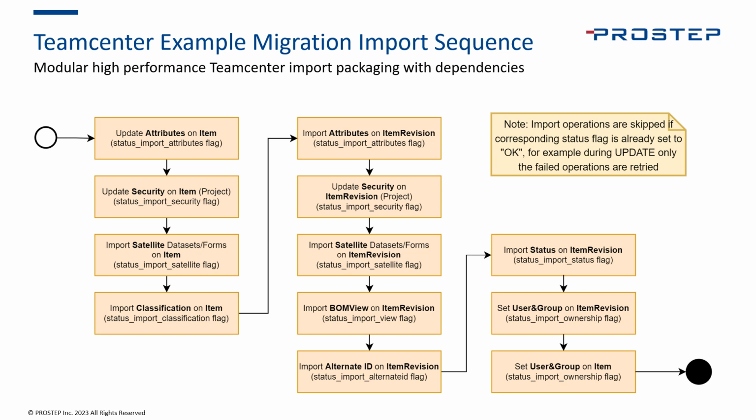So a sequence for handling items and BOMs. But then you can see how you might be able to package these up to have a straight, high performance import process for Teamcenter.